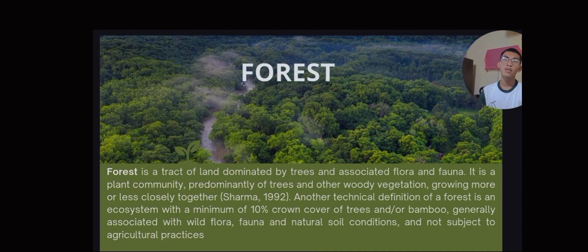And a forest can no longer be called a forest if there are no trees. And also, forest is an ecosystem with a minimum ground cover of 10%. So, not only trees, but also bamboo.